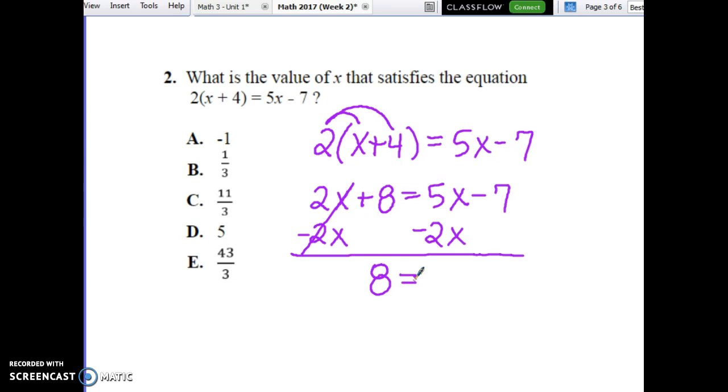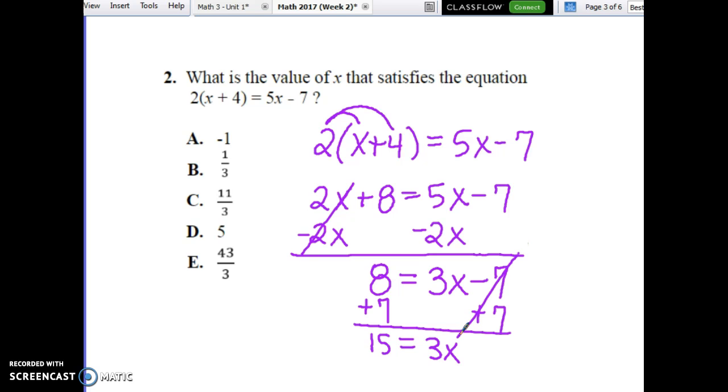When I now combine my 5x and my minus 2x, I have a 3x, and then the minus 7 that was there originally. So to continue to isolate the variable, or to get x by itself, I'm going to now add 7 to both sides of the equation. So that will give me 15 equals 3x, and the 7's will cancel.